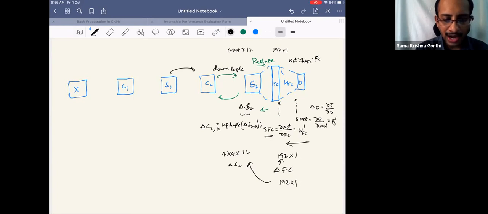Similarly, here I have done convolution operation. Okay, this is convolution operation. So you see that this convolution operation from here to here, with kernel K2 you have done, right?